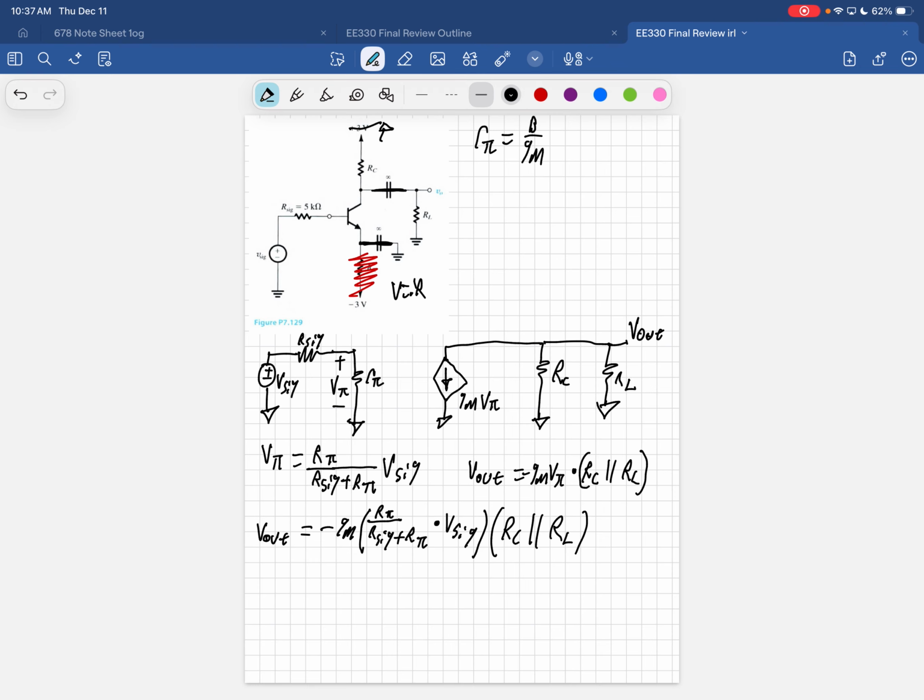And from here, you want to get V sig on the other side because you want V out over V in. We can just divide by V sig. Yep, so you can remove these parentheses and have them all be multiplied together.